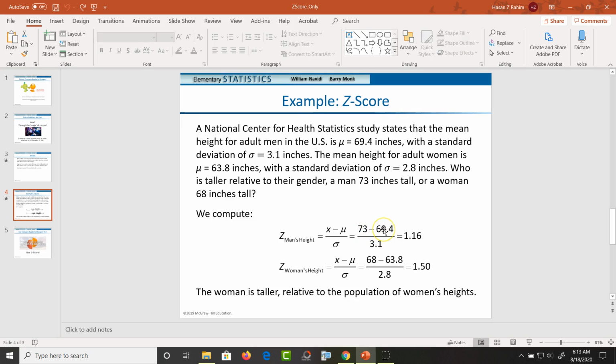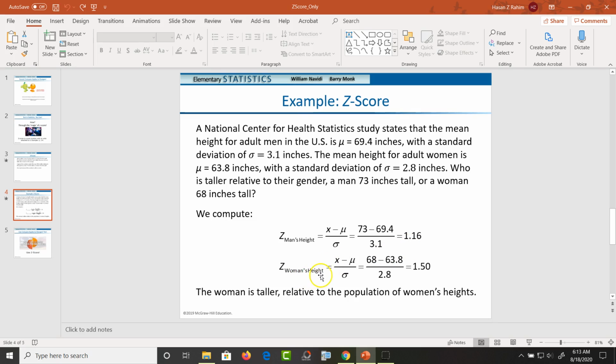So the difference between this, which is in inches, divided by 3.1, which is also in inches. So the inches and inches cancel out, and you're left with a pure number, which is 1.16, which simply means that the man with the height of 73 inches is 1.16 standard deviations above the mean in his group.